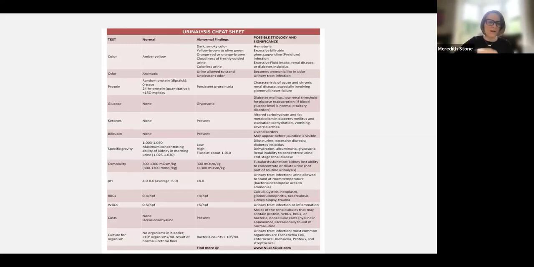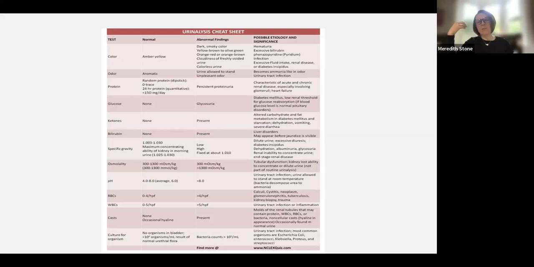We don't want to have blood, or very, very little blood, found in our urine, or white blood cells in our urine, or organisms in our urine. Now, there might be bacteria around the urethra, which you could then find in your urine, but there should not be any bacteria from your bladder. Your bladder is a sterile organ.